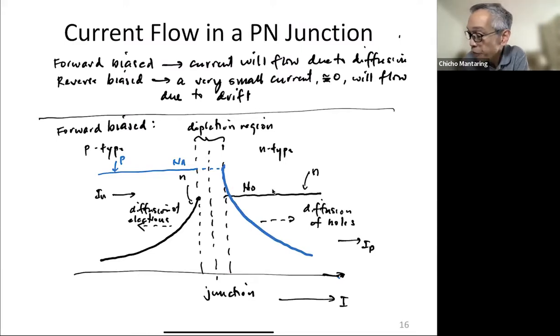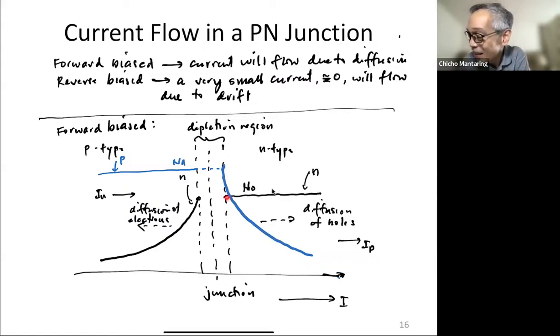Kasi for example, if you have an electron here, and it's going to diffuse here, parang all of a sudden, halos instantaneously, sandali lang siya dito sa depletion region. All of a sudden, it's going to appear to the left of the depletion region. So wala siya talagang time to stay in the depletion region. It's a little hard to imagine, ano? But that's what happens, kasi this is quantum level physics, no?